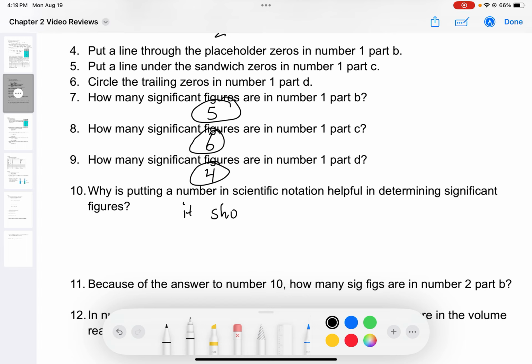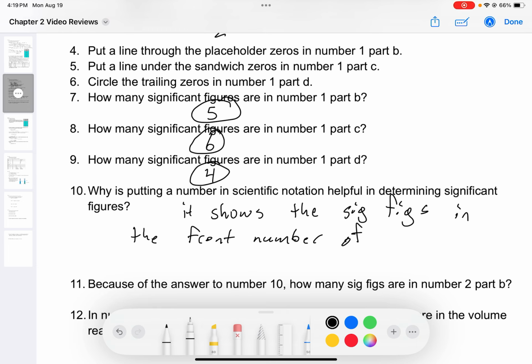It shows the significant figures. I'm going to put sig figs, short for significant figures, in the front number of the scientific notation.